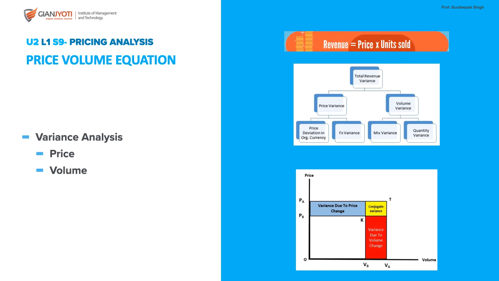How much variance is there due to the price change, and how much variance is there due to volume change? So you try to calculate. The conjugate variance is generally put in the price variance. So we do that analysis so that we exactly know whether it is because of the price variance or the volume variance.